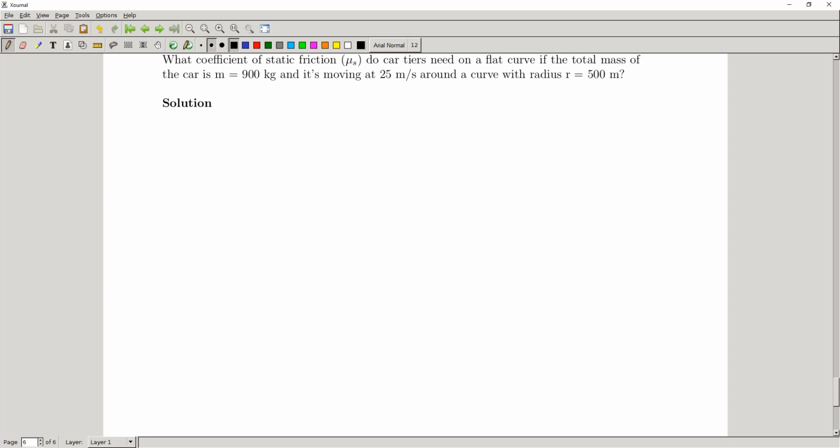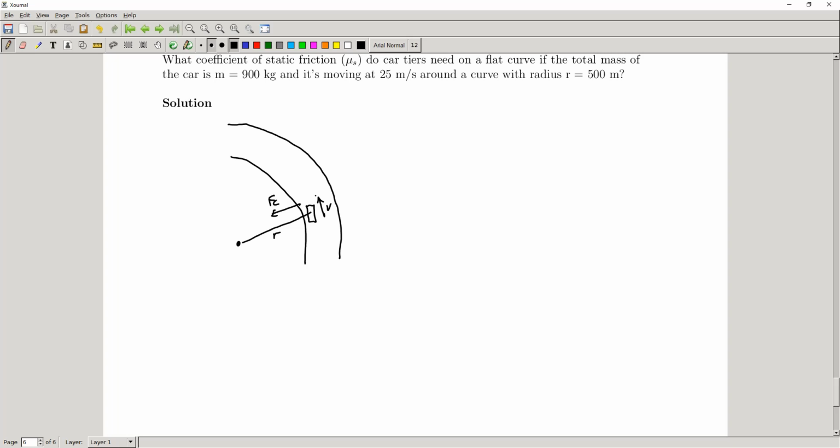And so let's take a look at what's going on here. I'll just redraw it here. So from our discussion just a moment ago, we know that other forces are going to act for our centripetal force, right?